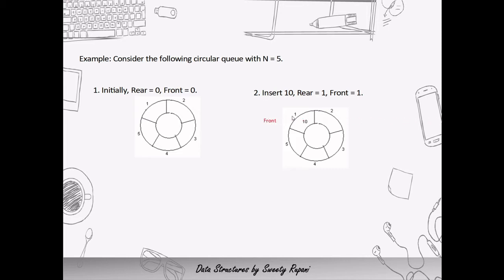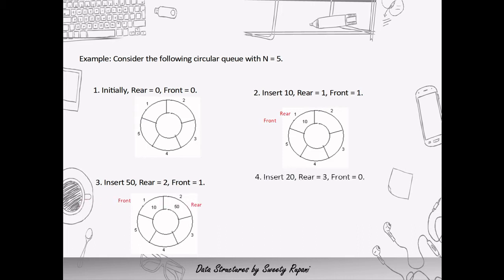When we go for next insertion, say inserting 50, front would remain there whereas rear would be incremented by 1. As in the simple queue, with every insertion, rear gets incremented by 1 and front would be there only.